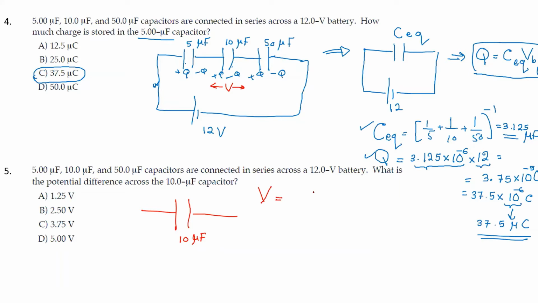So from that equation, I get V is Q over C. Since I'm finding the voltage across the 10 microfarad capacitor, I should substitute the Q in this divided by the capacitance of this capacitor.